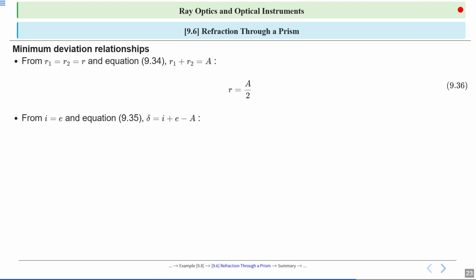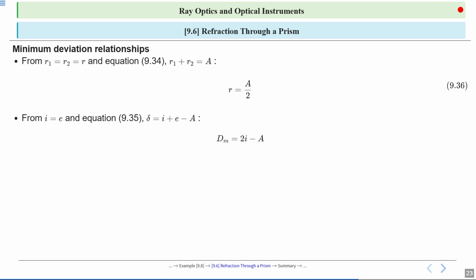Next, let's consider the condition where the angle of incidence I equals the angle of emergence E. From equation 9.35, we know that the deviation angle delta is given by delta equals I plus E minus A. This relationship is key to understanding how the path of light changes as it travels through the prism.